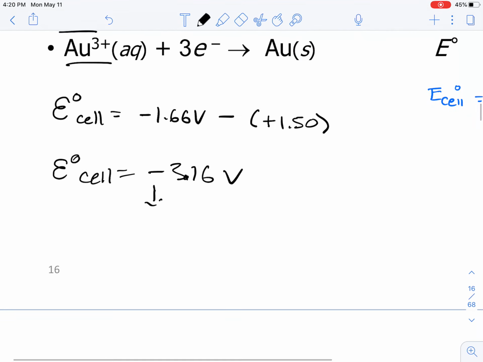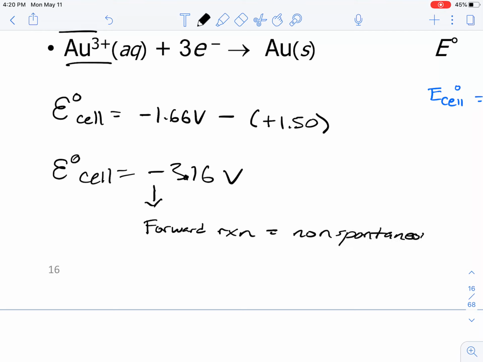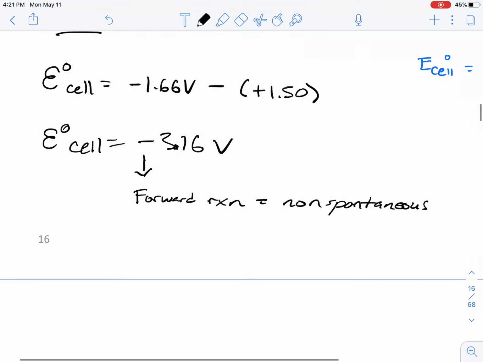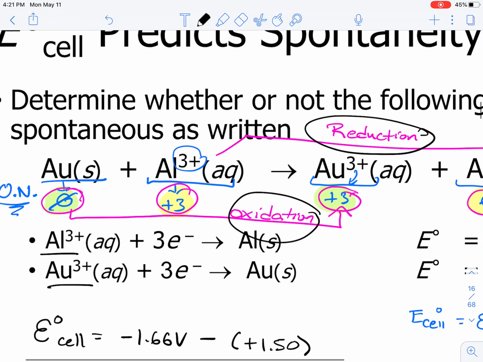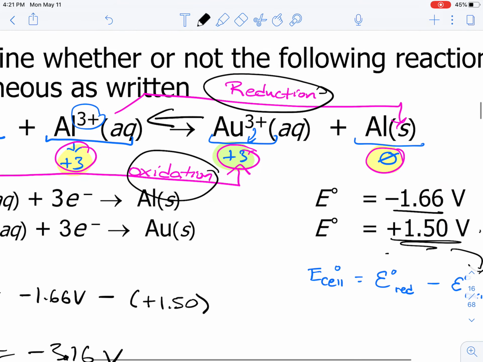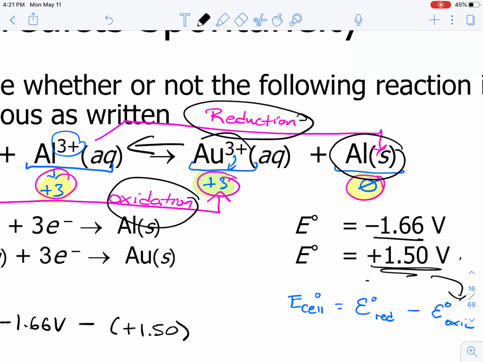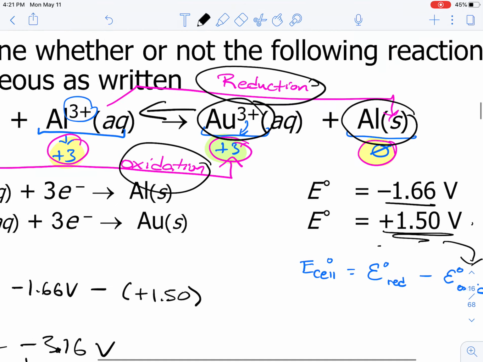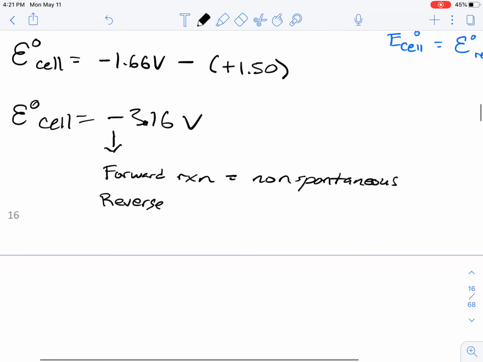Since this value is negative, therefore the forward reaction is non-spontaneous. What this implies is that the reverse reaction, so if we put the arrow this way, if we have solid aluminum reacting with this gold ion, then the reverse reaction will be spontaneous.